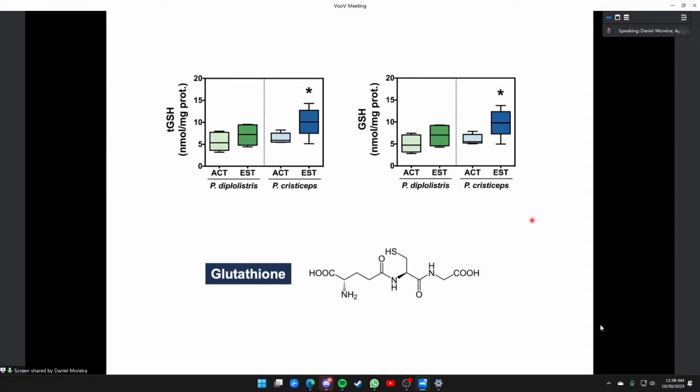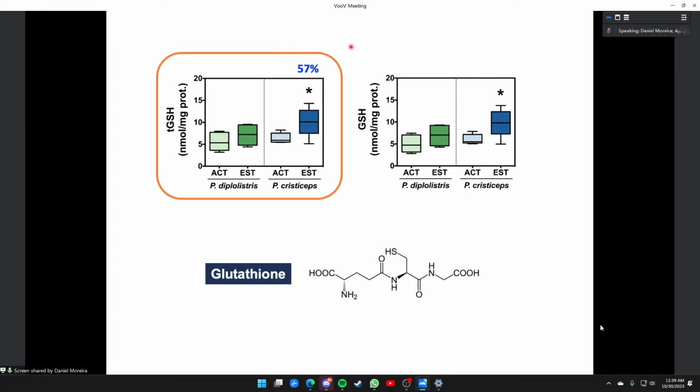Then we proceeded to measure glutathione levels. On the left, I have total glutathione, which is the sum of reduced and disulfide glutathione. And for Pleurodema, we saw a tendency to increase, but it was not statistically significant.